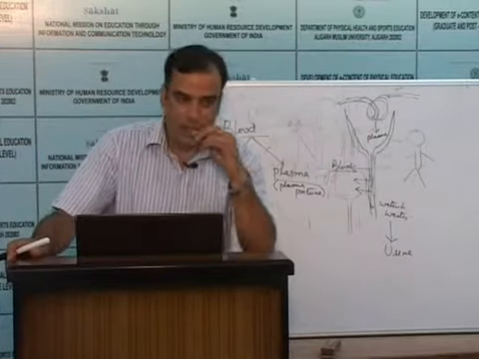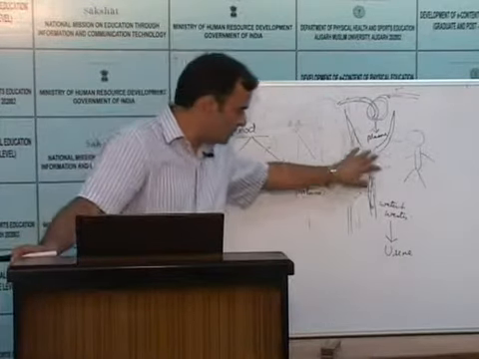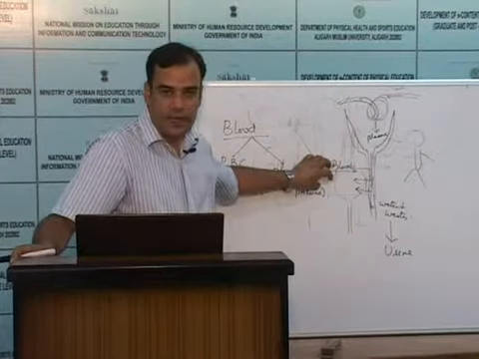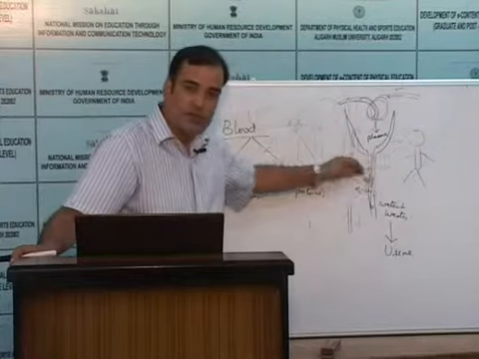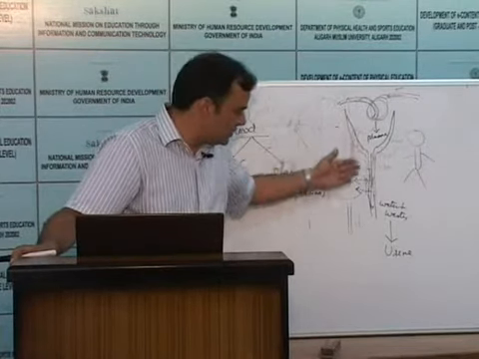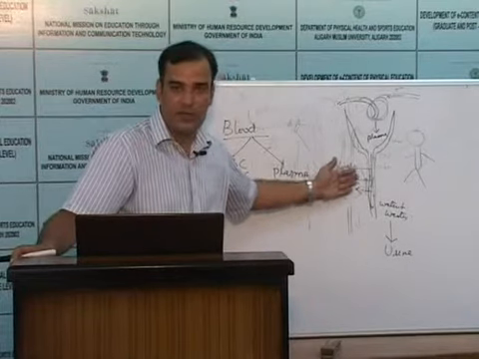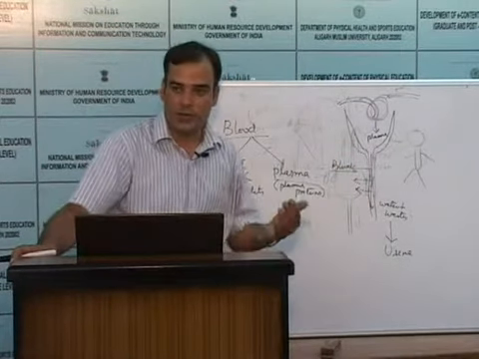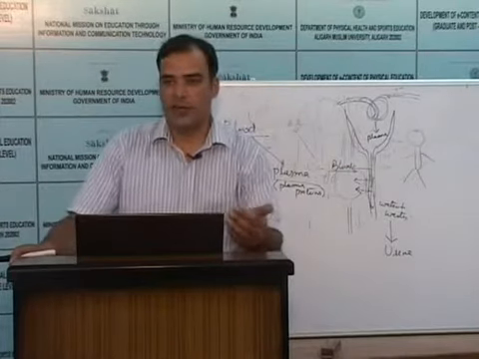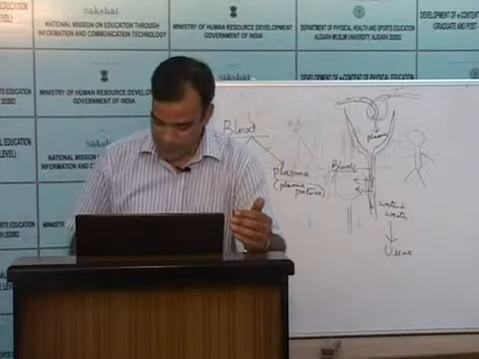Selective means that not all substances found in this tube are reabsorbed back into the blood. As I said, only the useful substances are reabsorbed back. This means that this process of tubular reabsorption is selective. It only reabsorbs what is wanted and does not reabsorb what is unwanted.